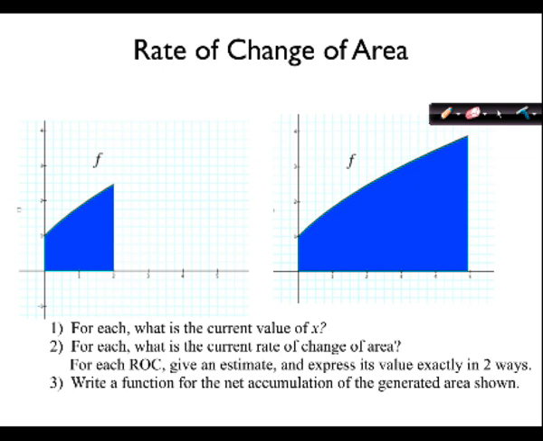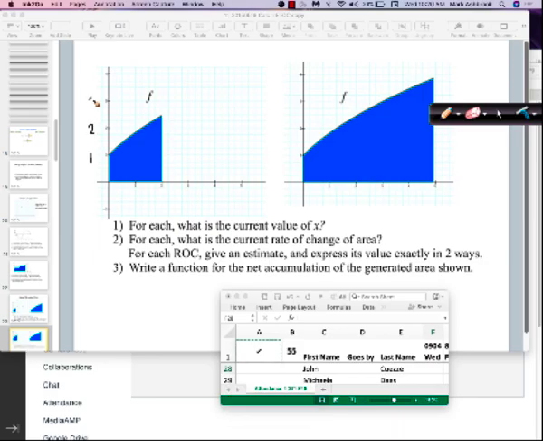And then now that delta x is small, we're ready to write a function for the net accumulation of the generated area that I showed you, the area being swept out. At 2, he wants the rate of change as 1. Agree? At 2, the rate of change is about 2.5.